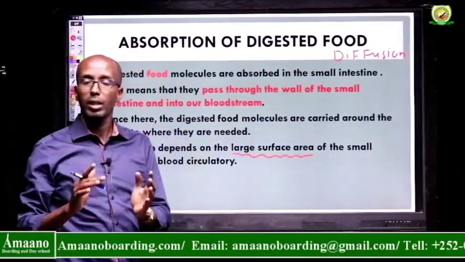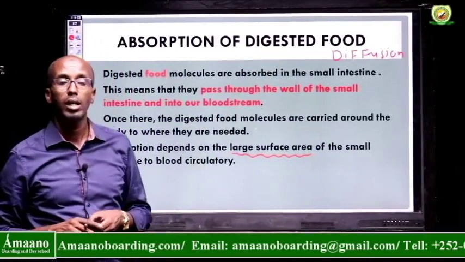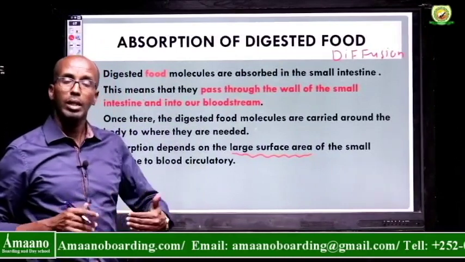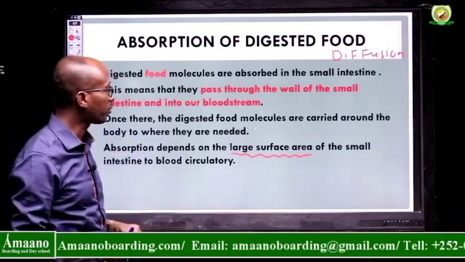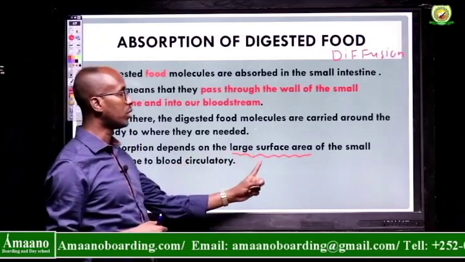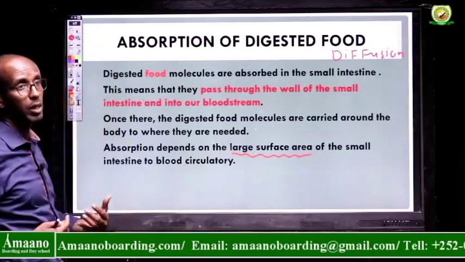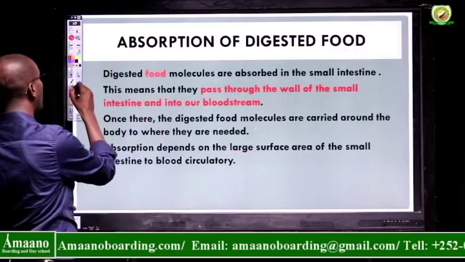The bigger the surface area, the higher the rate of diffusion, which means as the surface area becomes large, more food can be absorbed from the small intestine. So this is very important, please. Having a large surface area is very important for absorption.